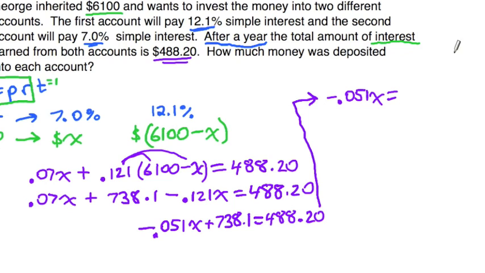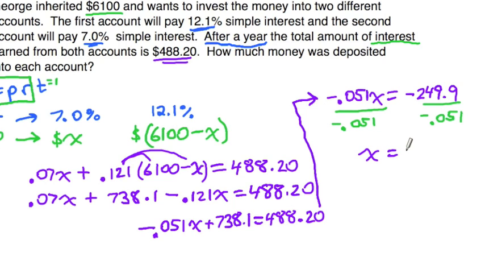So negative 249.9, and then divide both sides by negative 0.051. And then negative divided by negative is a positive, and we're safe. So we're going to end up with x is equal to 249.9 divided by 0.051.